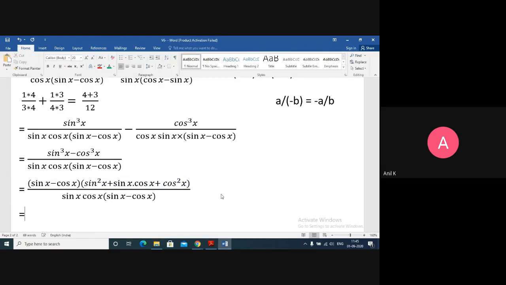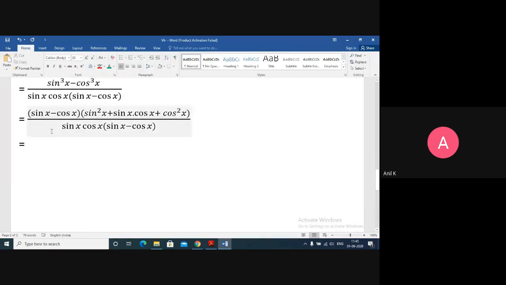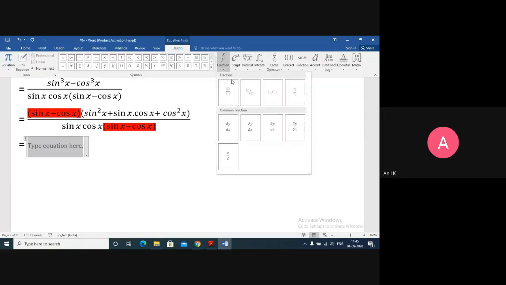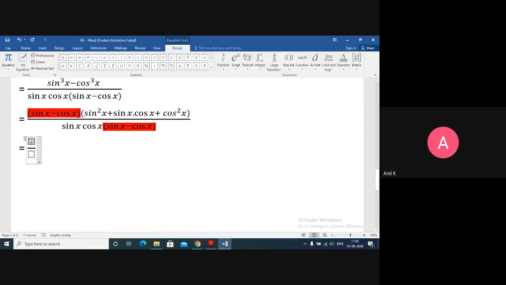Still the question is not over, don't worry. Now you can see here, this sin x minus cos x and here sin x minus cos x, both will get cancelled. Which is highlighted with the red color, both will get cancelled. Now in the numerator, what do I have left?